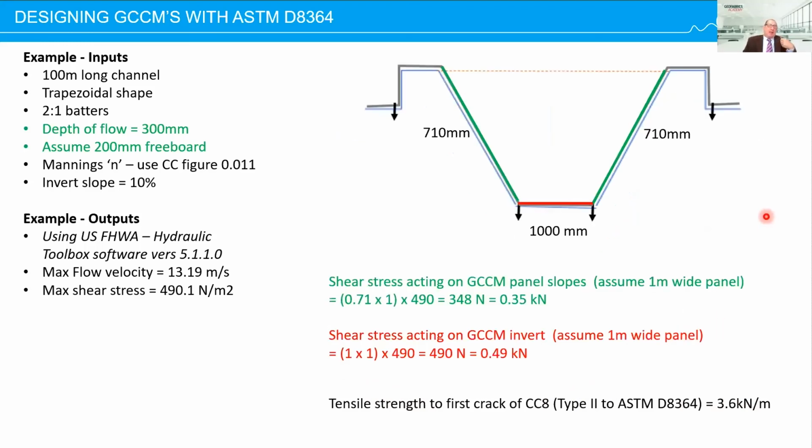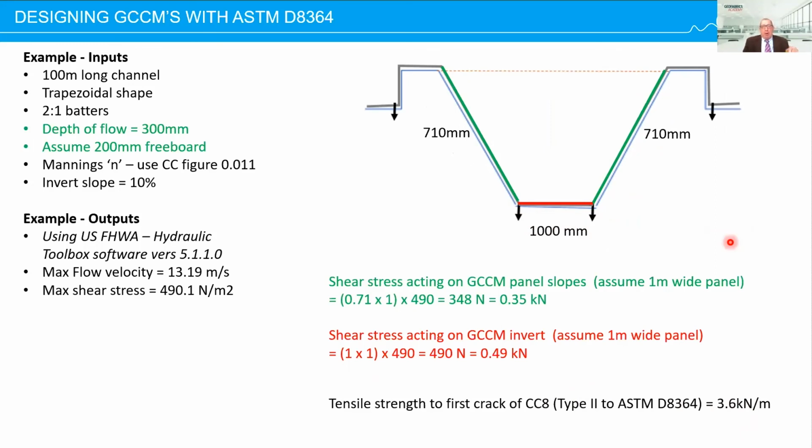But ASTM D8364 says that we must pin these internal corners here from uplift. So in this case, you can see now this panel is actually broken up. So we have a 0.71 meter panel, another 0.71 meter panel, and we have a 1 meter panel.